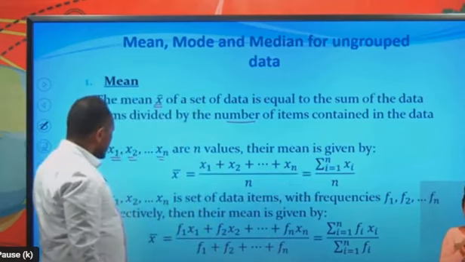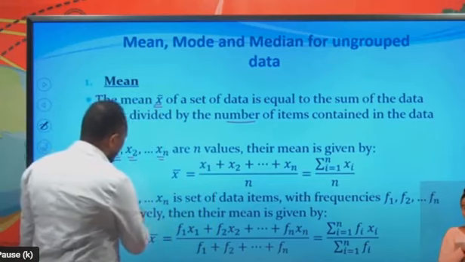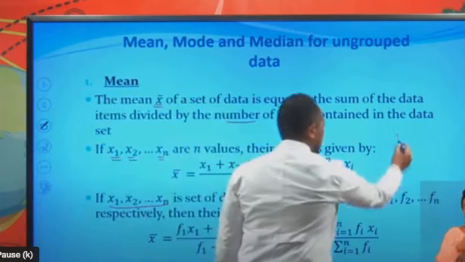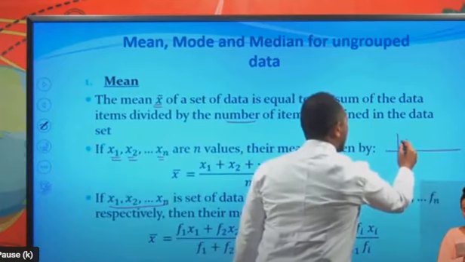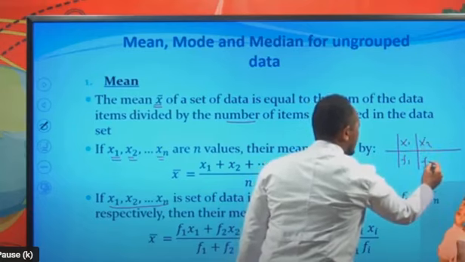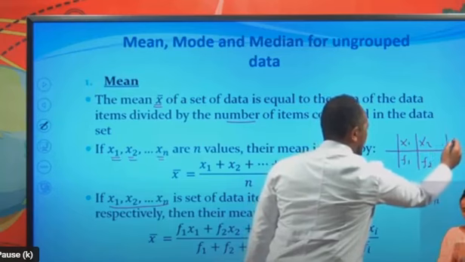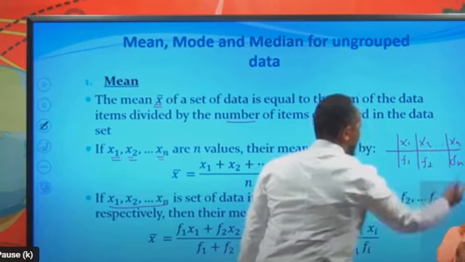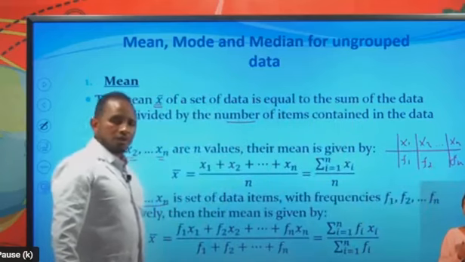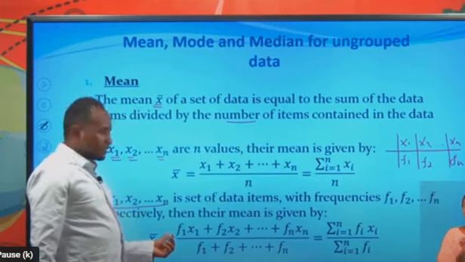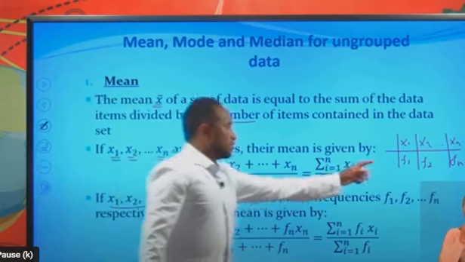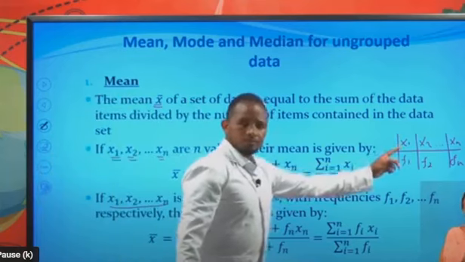Okay, sometimes the data set may be given in a frequency table form like this: x1 having frequency f1, x2 frequency f2, and xn with frequency fn. So in this case, the mean is computed using this formula. You multiply the frequency with the data and you sum.